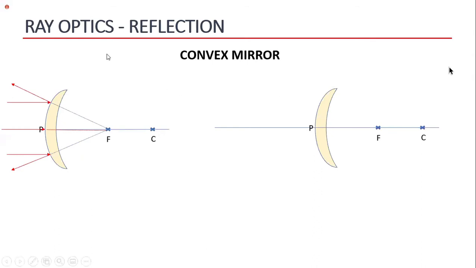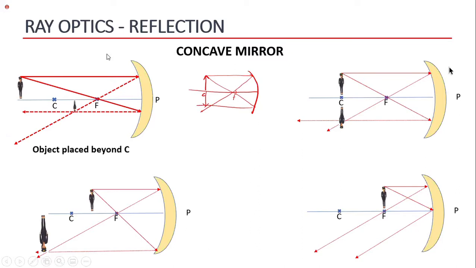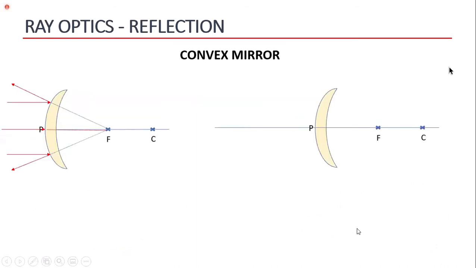Next, convex. One minute. See, at the pole, draw a tangent, draw a normal. It follows the law of reflection, isn't it? That's how you get your parallelness.